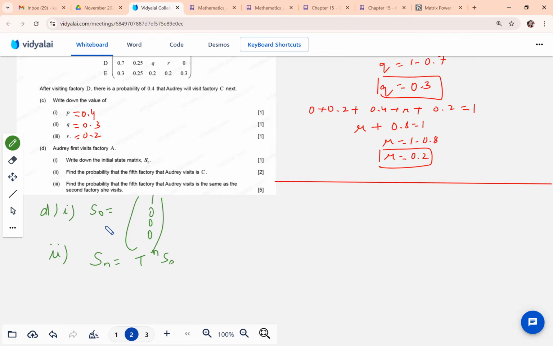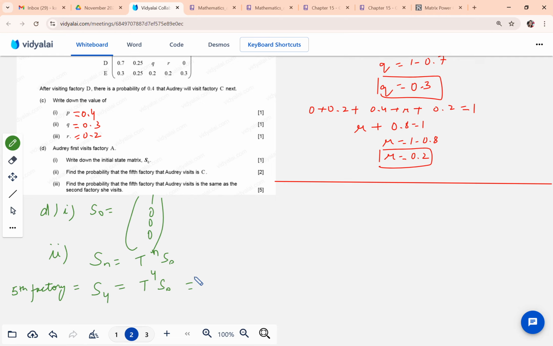The first was S0, so the fifth will become S4. Substituting n as 4, it becomes T^4 times S0. T is the matrix that they have already given to us.